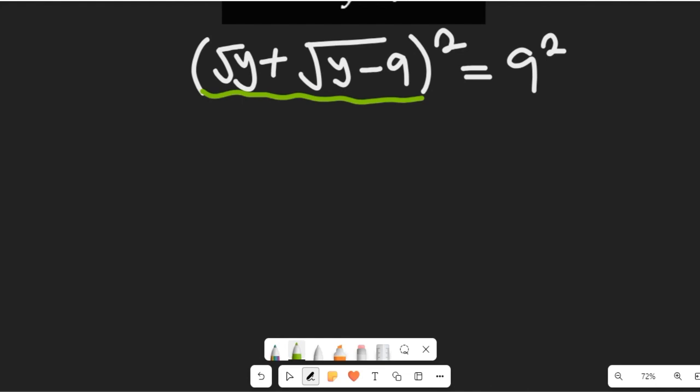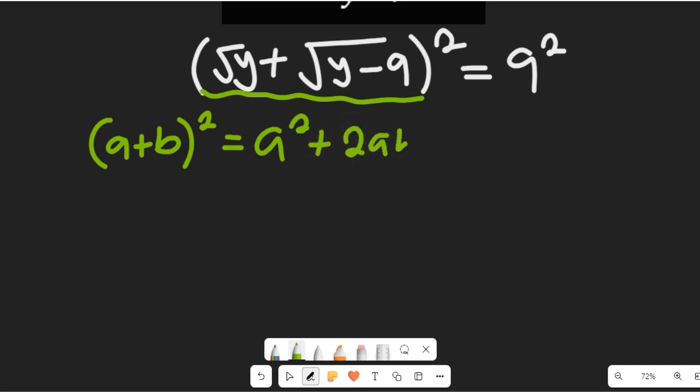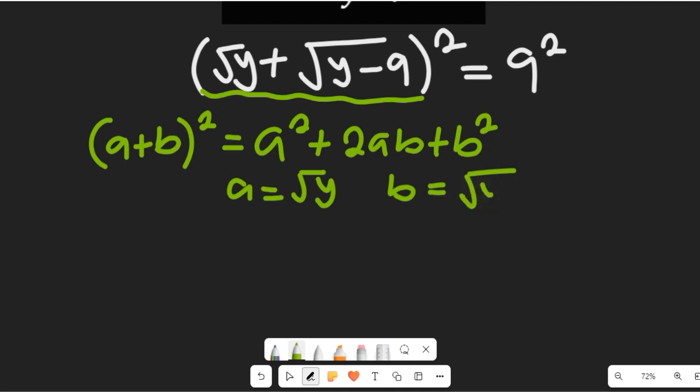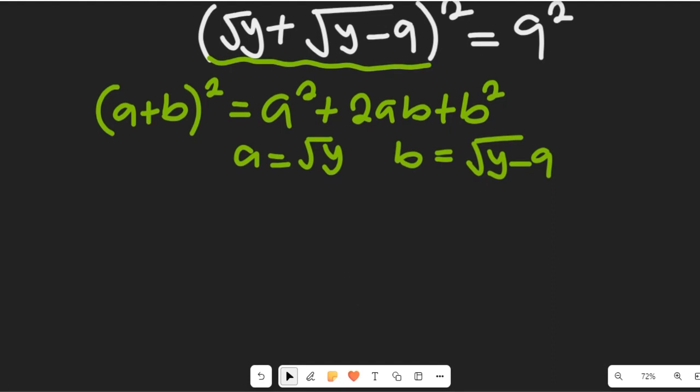Do you recall that if you have a plus b all squared, this can be equal to a squared plus 2ab plus b squared. Great. Now in this instance, our a is equal to the square root of y, and our b is equal to the square root of y minus 9. Great. Now we're going to insert that into that expression, and then we'll simplify.